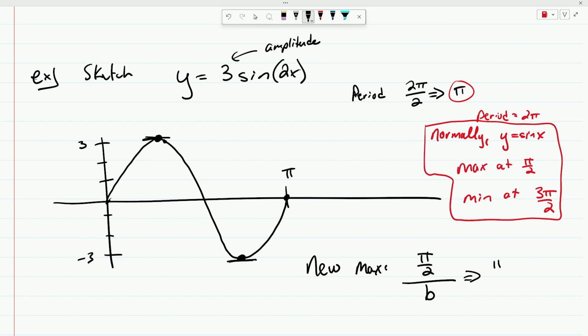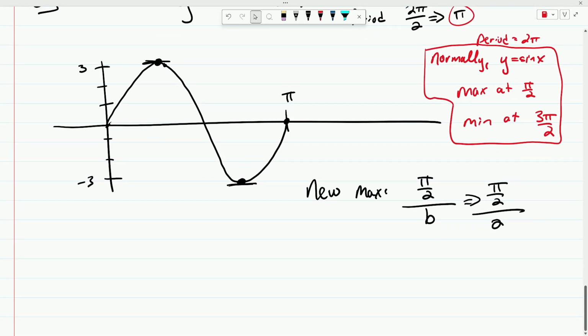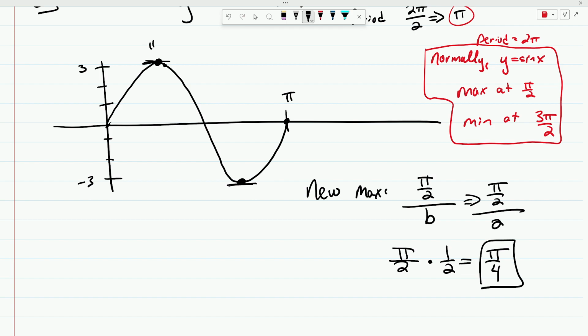So pi over 2 divided by 2, which is the same exact thing as pi over 2 times the reciprocal. So it's now shifted to the left to pi over 4. All right, so that's how we get pi over 4 comma 3 for our max.